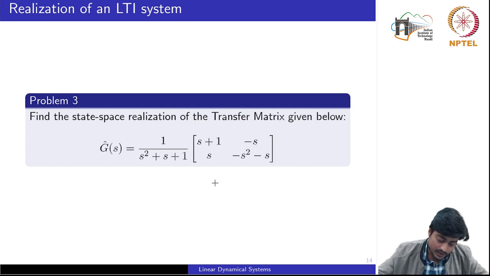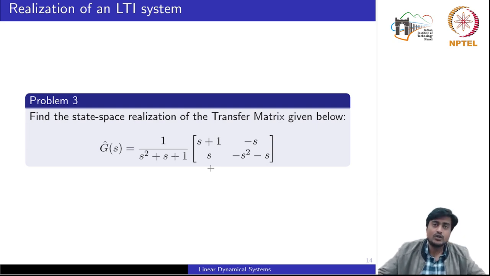So if you recall the theoretical results, we have supplied the conditions under which we can say a transfer function or a transfer function matrix is realizable. Particularly for the LTI system, we have used a specific representation, which we have also called the canonical representation, and that canonical representation was nothing but the canonical controllable representation.